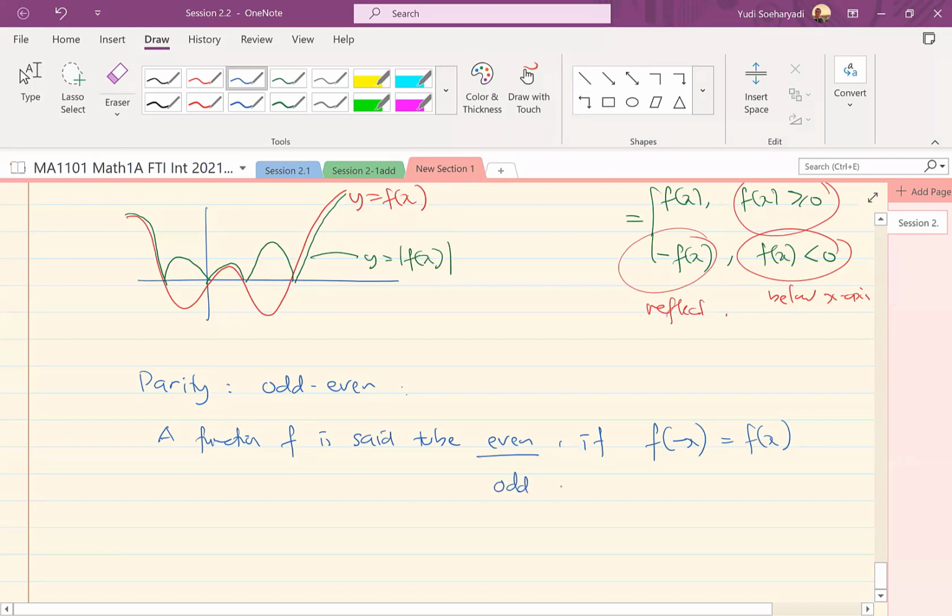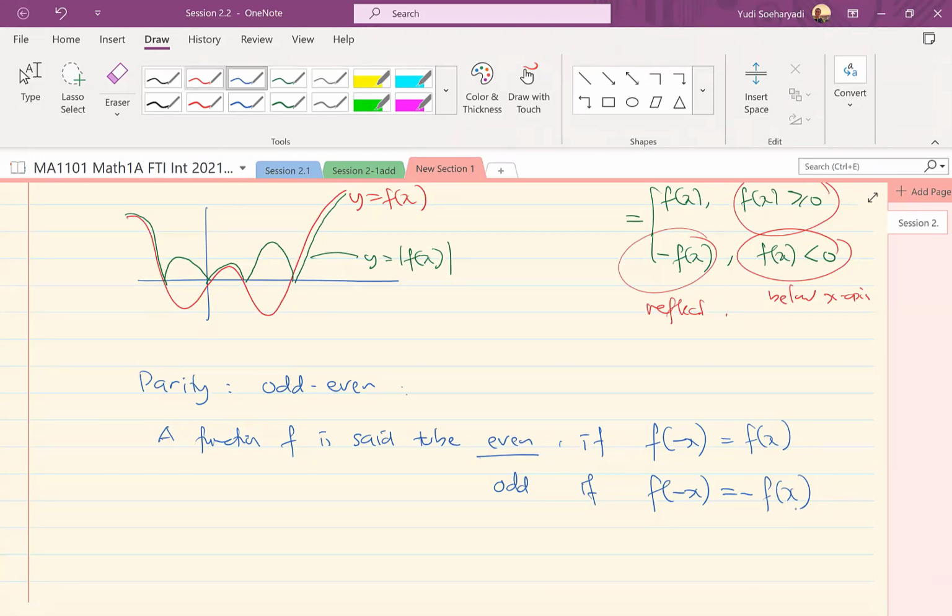This is odd if f of negative x is, you somehow can factor the negative out, negative f of x.